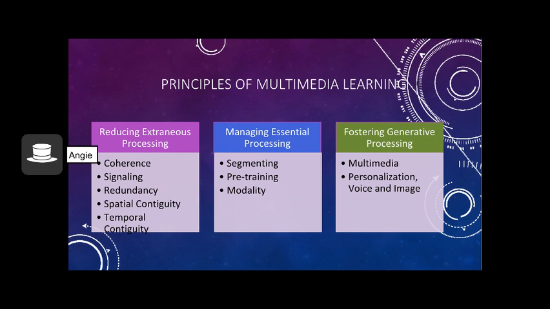So here you see the principles that Mayer outlines in his book, and they are organized into 3 different categories. So the first category I've got in purple here is reducing extraneous processing.